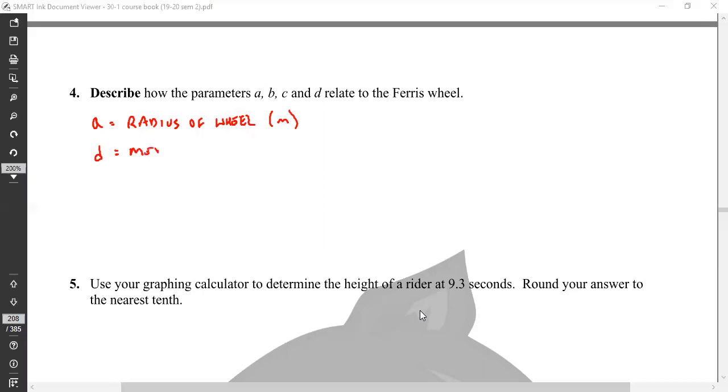It's not enough to just say that d is your median line, because we need to relate it back to the context. So we can say that d is your median line, but we should also include that it is your average height on your Ferris wheel.